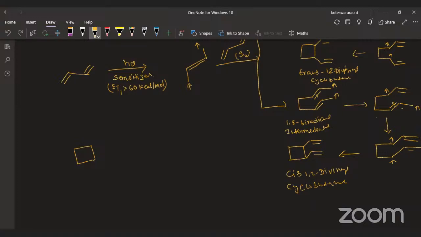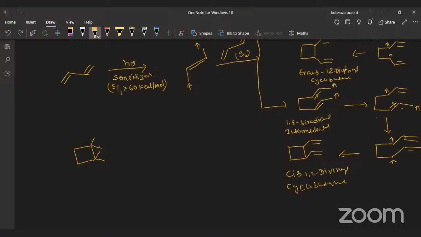Simply, you can easily observe that this bond will be above the plane, this bond will be below the plane, this bond will be above the plane, and this bond will be below the plane, right? Did you understand? These two are on the same side. Therefore, these two are cis bonds.